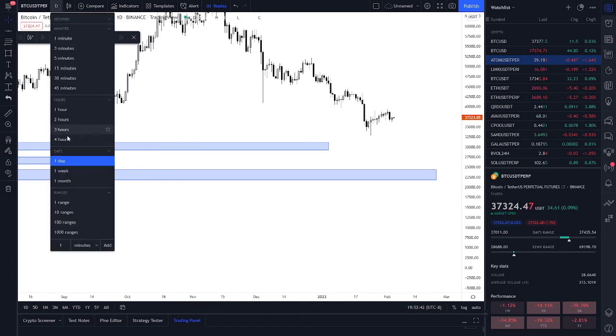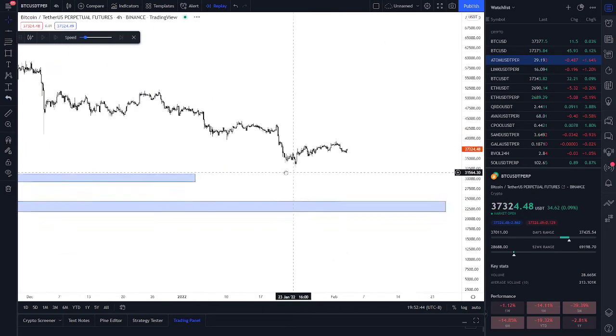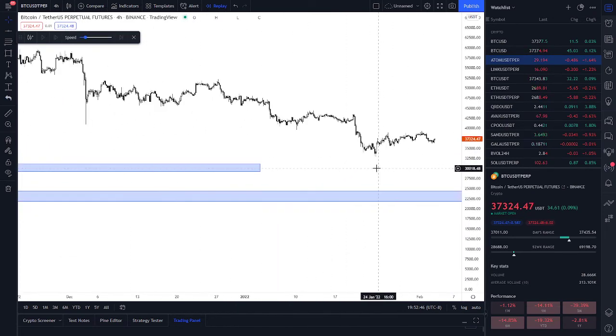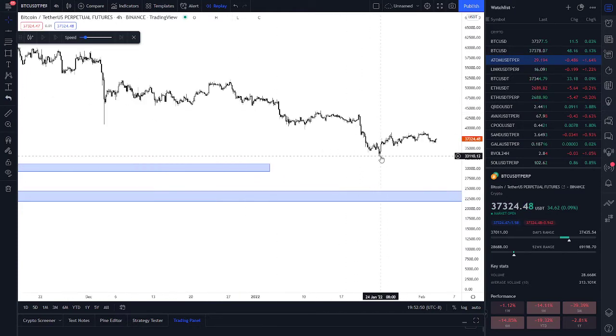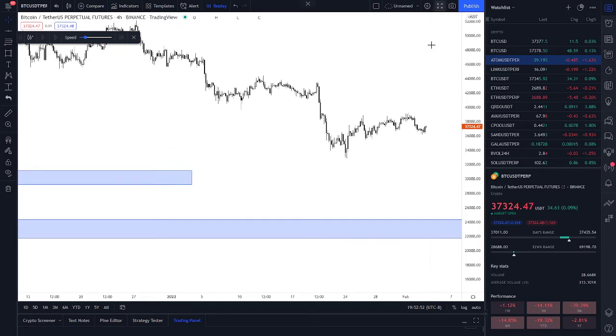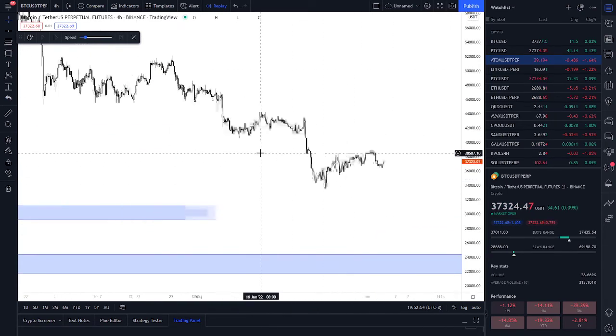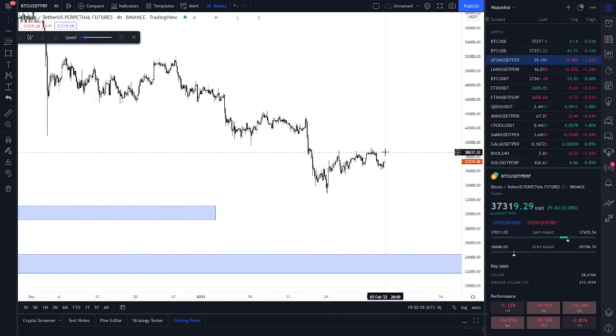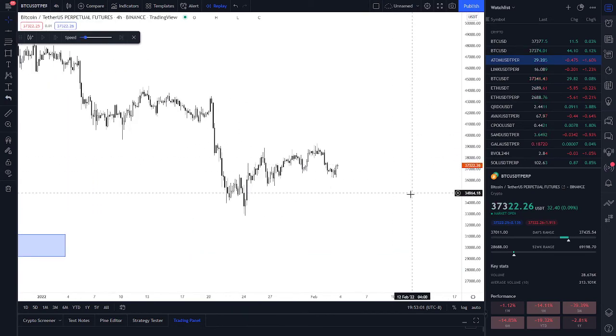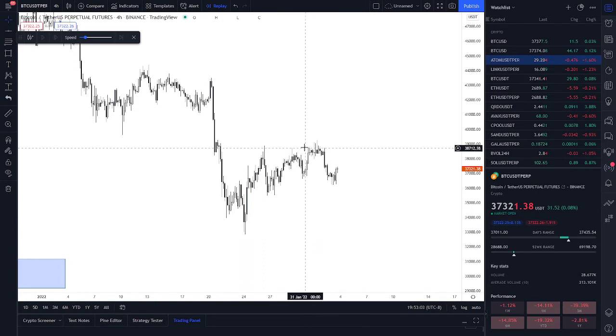So on a 4-hour, do we see any demand zones? Nope. Do we see any supply zones? This is not a supply zone.